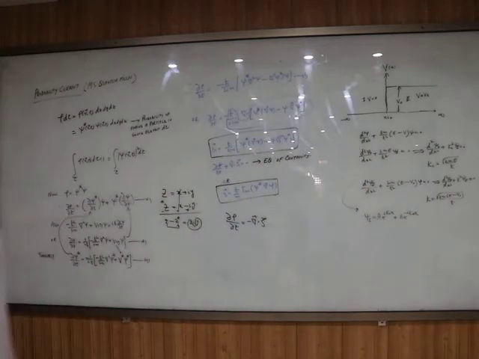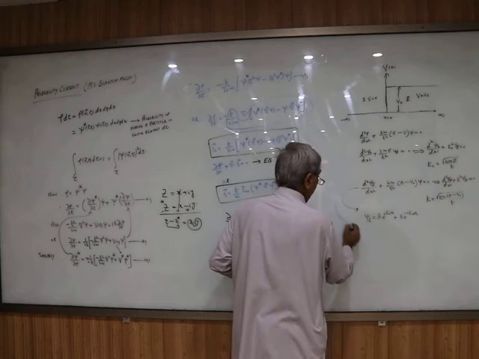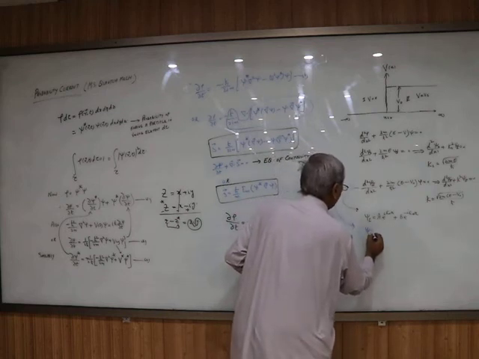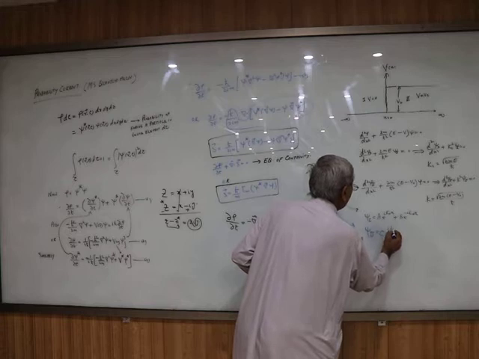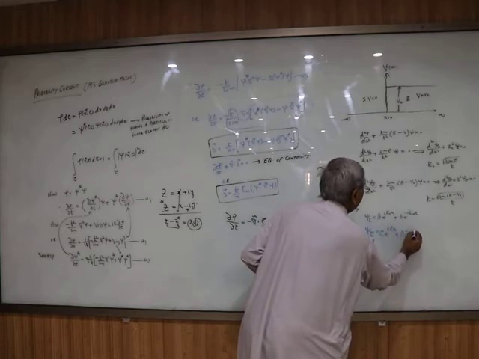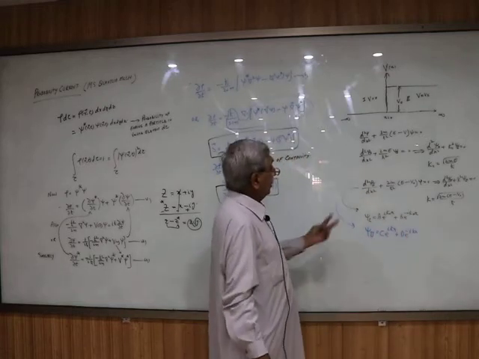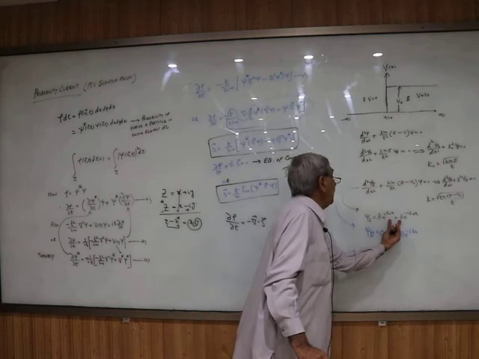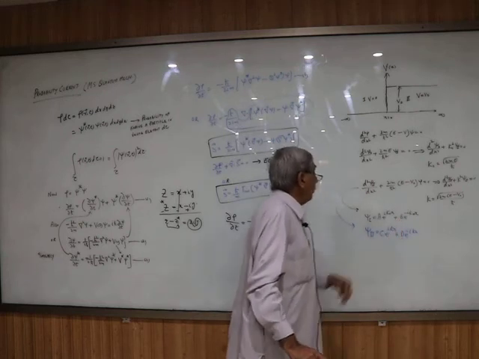And if you solve the other one, then psi 2 will be equal to C e raised to the power i k x plus D e raised to the power minus i k x. Both of them are second order differential equations, so they have two linearly independent solutions, and their linear combination is also a solution.